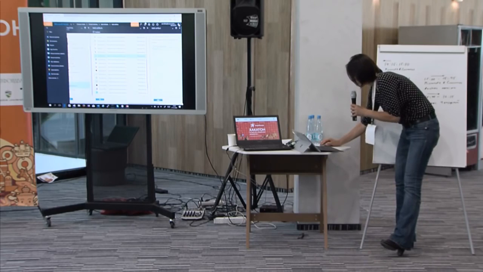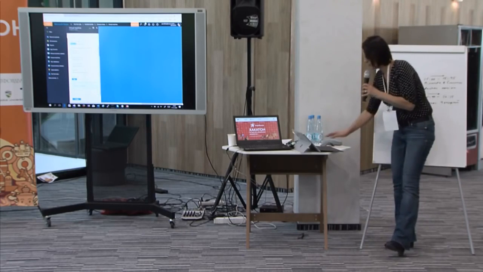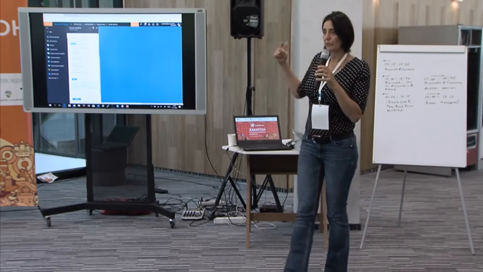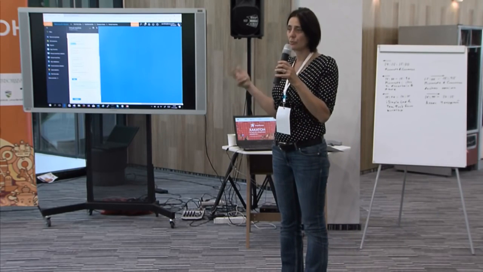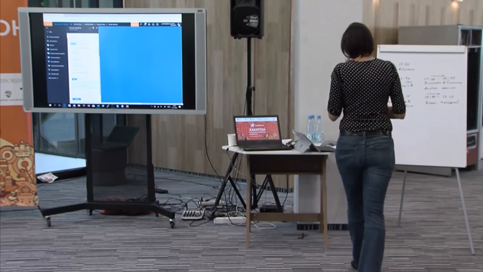So I'll add this. And what will happen now is that a virtual machine will be created running Ubuntu and already having Ethereum ready to work with installed on that virtual machine. So that's what will happen.